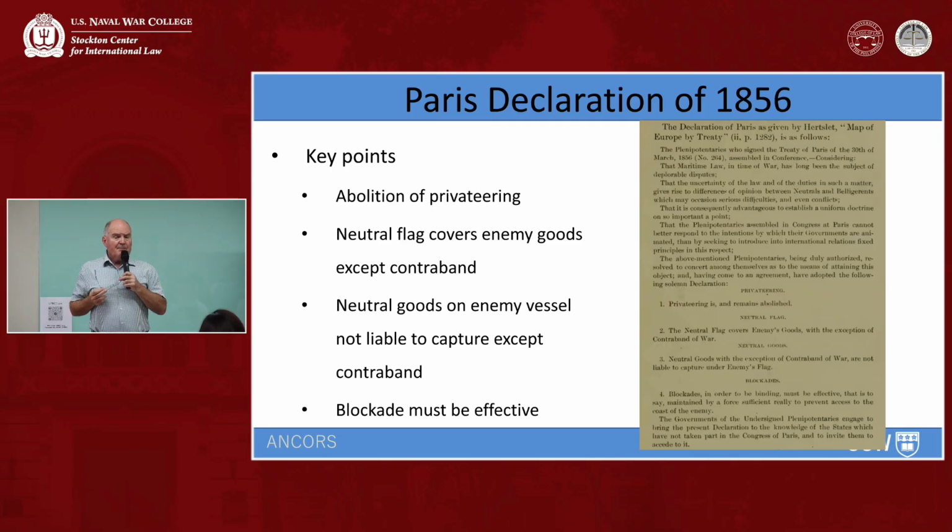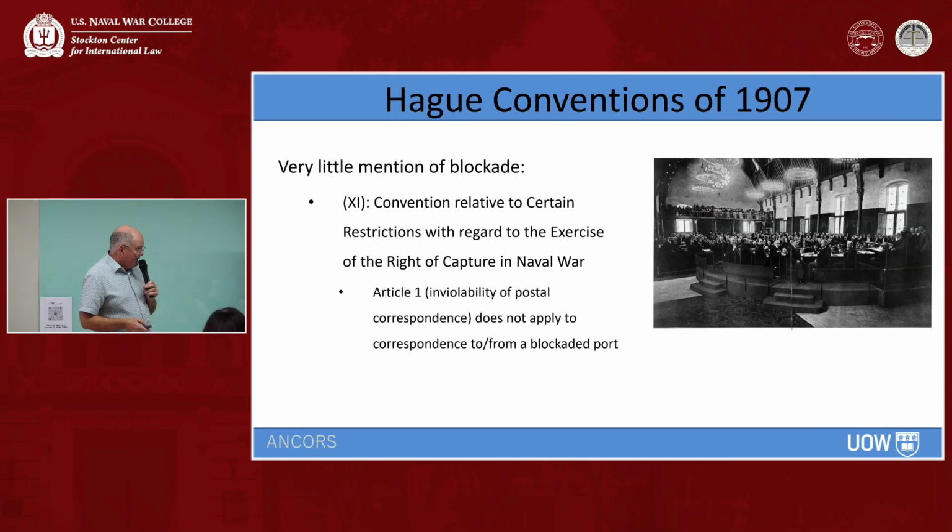And what is that going to mean about whether a blockade is or is not effective? It's ultimately going to be a question of fact as to whether blockade is or is not effective. Hague Conventions of 1907, not much really about blockade in the Hague Conventions.